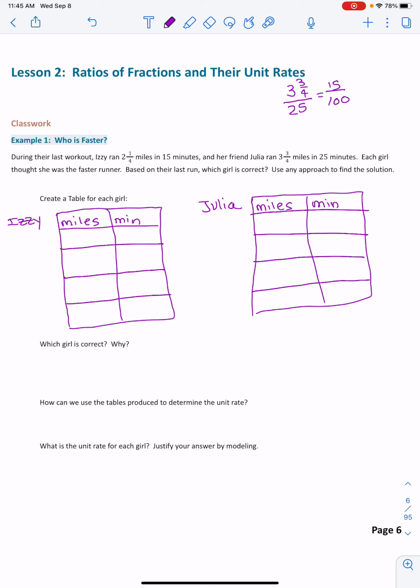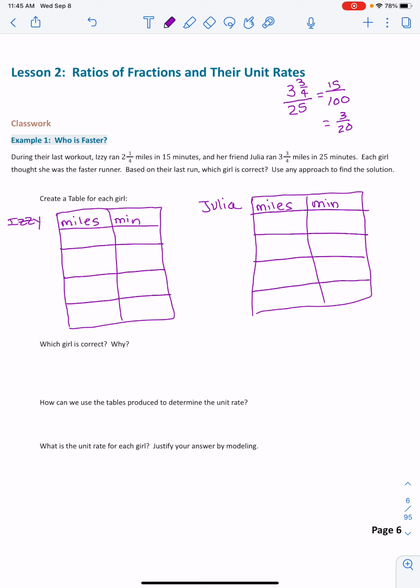So she ran 3 miles in 20 minutes. So that's going to help us out when we do her chart.